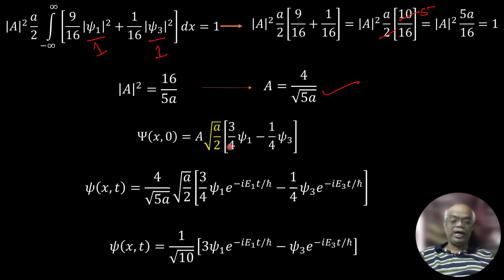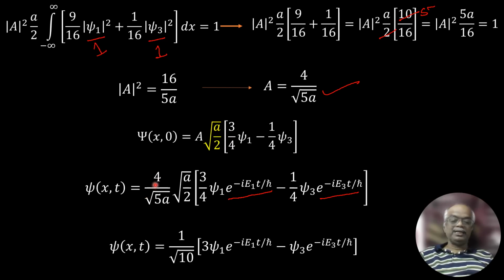Now you add this time factor here. So here it is e power minus i E1 t over h cross. Here it is e power minus i E3 t over h cross.